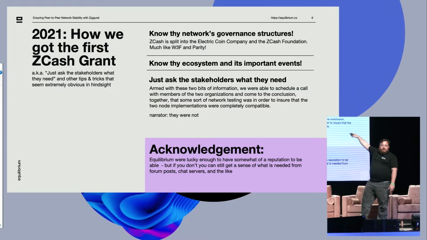And we were able to schedule a call and, shockingly, just ask the stakeholders what they wanted. And they wanted to see if Zcashd, the original Zcash daemon, which was a fork of Bitcoin, could talk reliably to Zebra. And as you can see, they could not. And that's what we were able to ascertain.